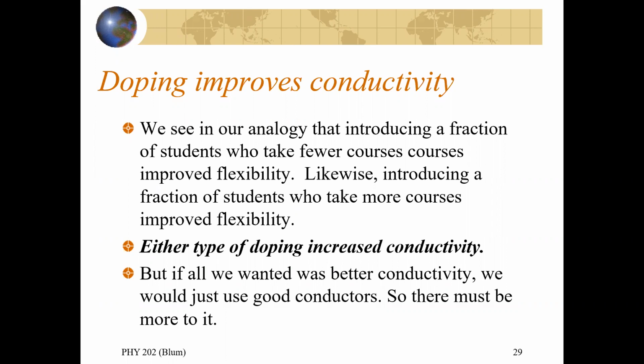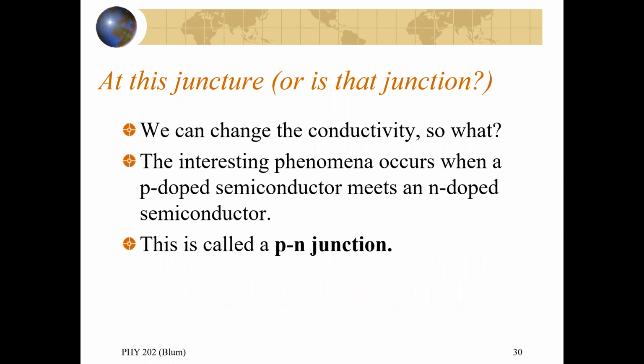So that can't be the end of the story. Like, okay, I made silicon nowhere near as good as gold, so what the hell? We're going to do a weird thing. We had the semiconductor.